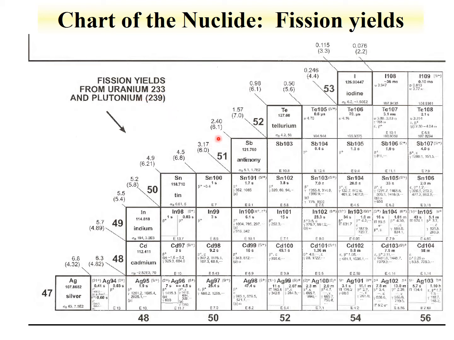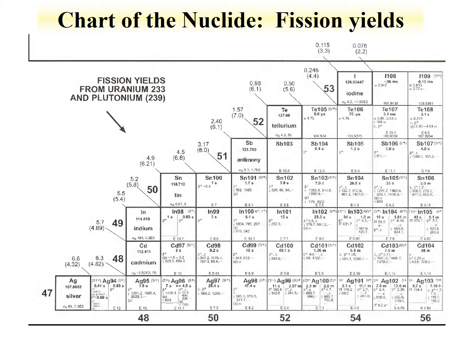Plutonium-239 is in parentheses. So 1.6% of the time, when plutonium fissions, it produces a fission product with a mass of 102. Uranium-233, when it fissions through thermal neutrons, 2.4% of the time produces a fission product with a mass of 102.